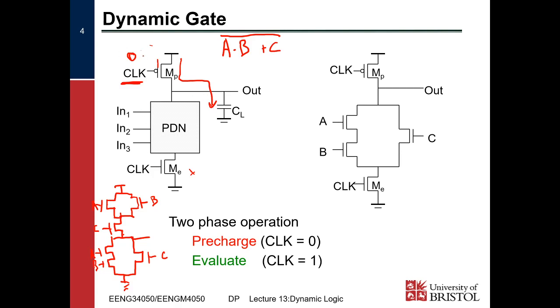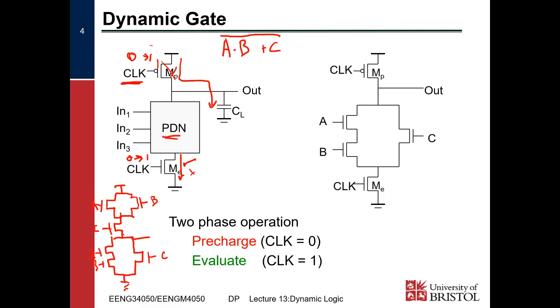Then, when our clock changes to 1, this MP turns off, so we are no longer pre-charging CL, and it's storing that high voltage on CL. At this point, because our clock has gone from 0 to 1, ME will turn on, meaning there's a path here.